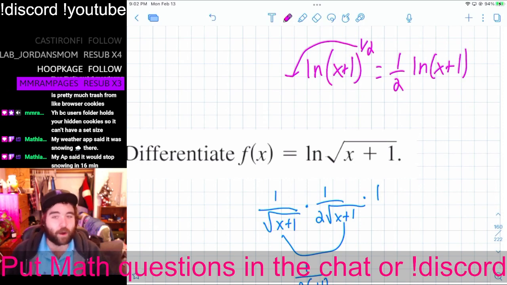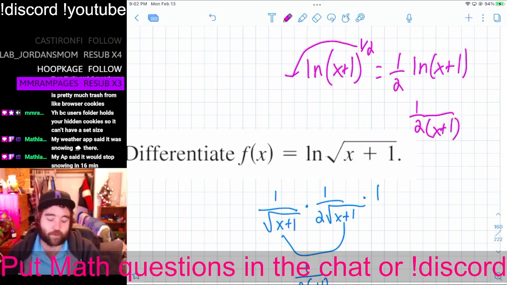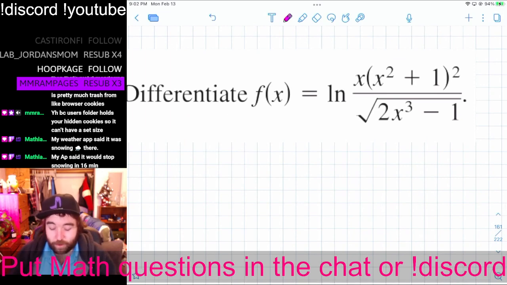And so now, if we wanted to take the derivative of that, that's actually super simple, because the 1/2 just sits there, and it's being multiplied by the derivative of the ln of x plus 1, which is just simply 1 over x plus 1. So that's a technique that you can use a lot with logarithms. So that is what we're going to do down here.